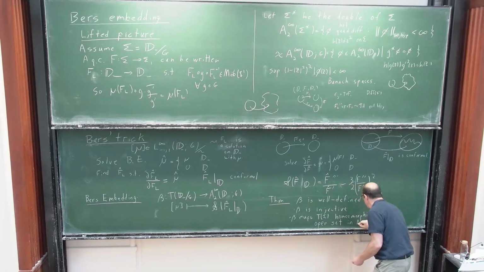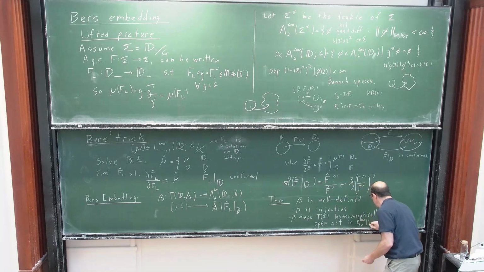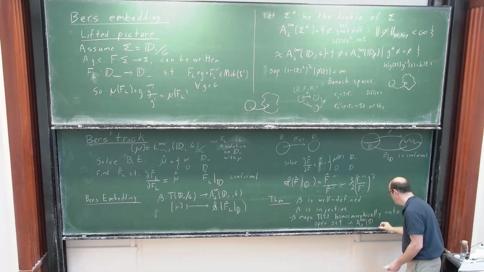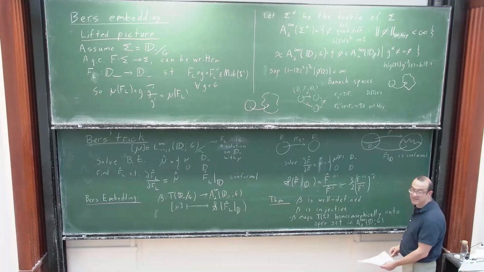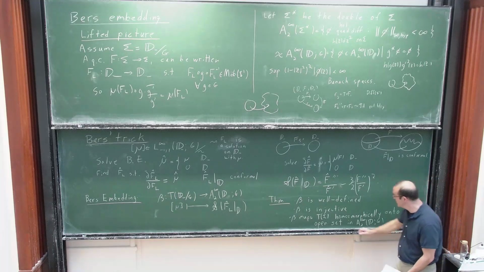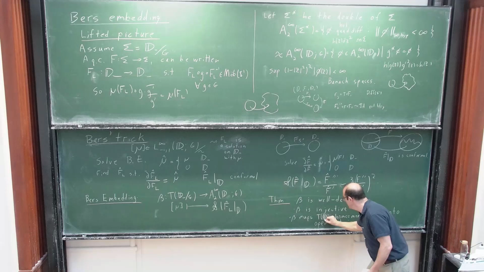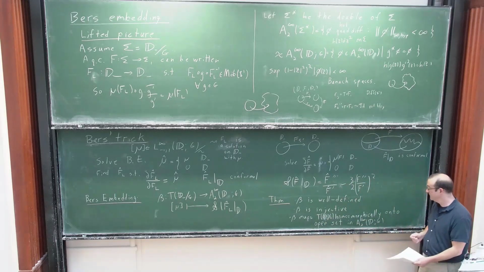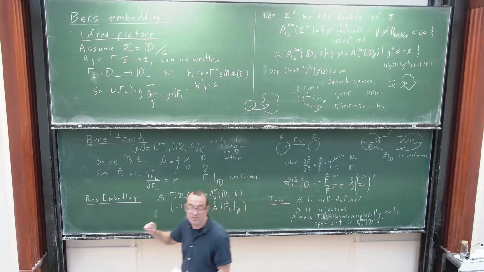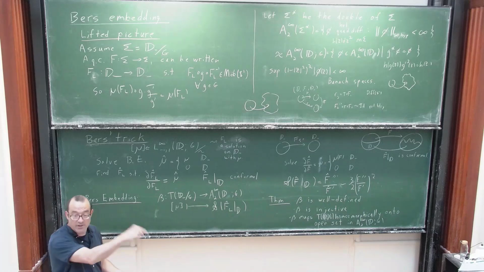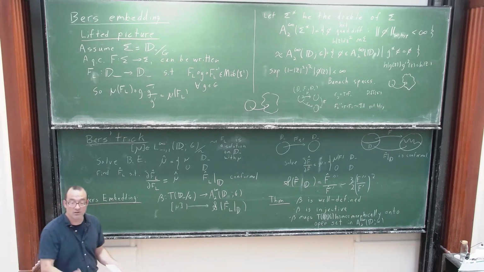In A2 infinity of D. I'm mixing my lifted picture and my non-lifted picture, so let me just write this as D minus mod G. Okay. So now we've embedded this complicated space of quasi-conformal deformations into a Banach space of nice holomorphic objects.